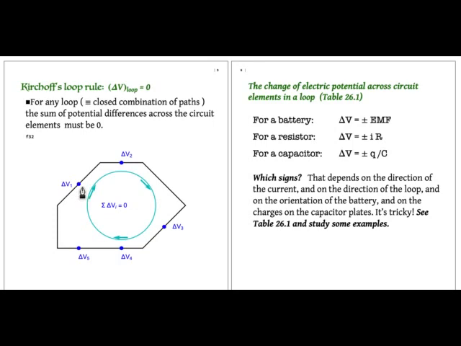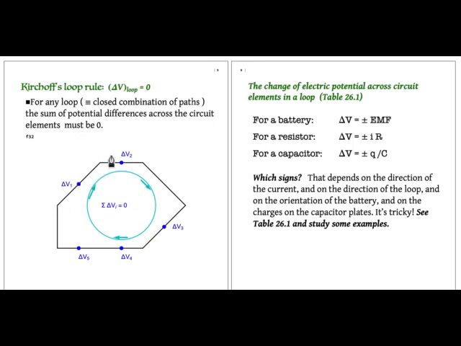Now, we have different kinds of circuit elements. We have switches, but a switch makes this an open path. So there wouldn't be any closed path, there wouldn't be a loop which could carry current if there were a switch here. So the other possibilities are batteries and resistors.